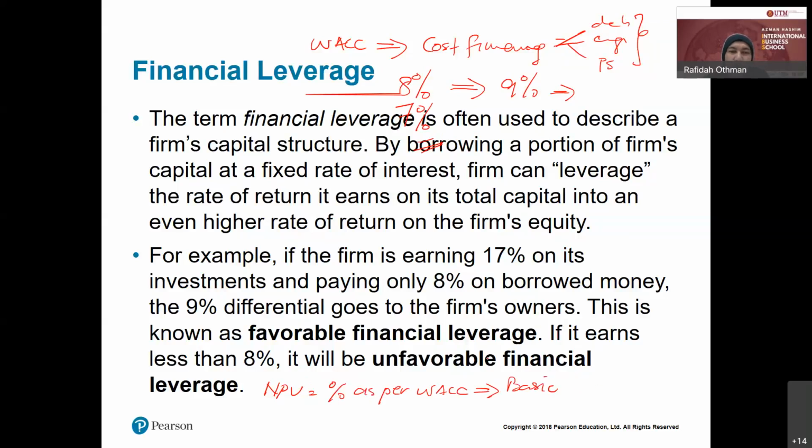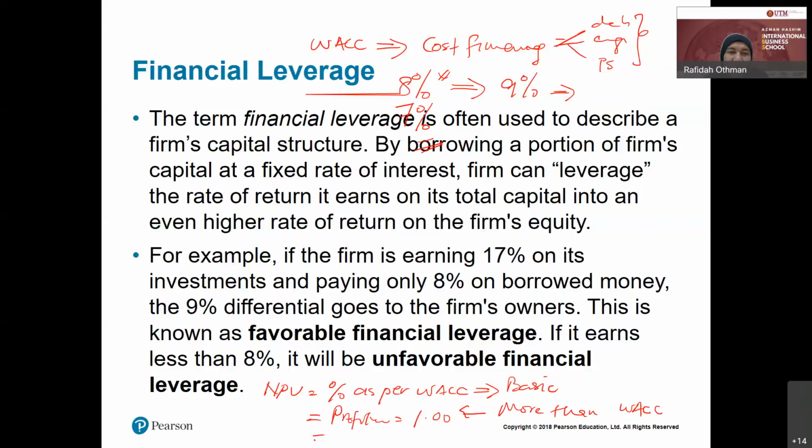So when our WACC is 8% and you calculate your profitability index, it has to be more than 1, meaning the return is more than WACC.